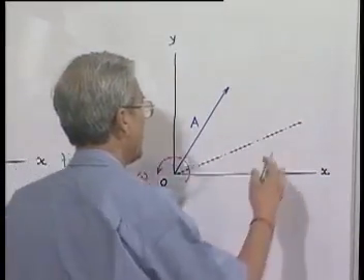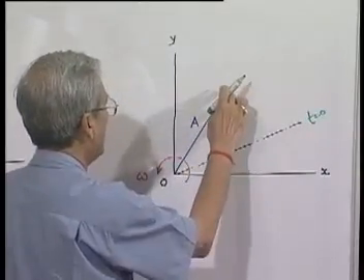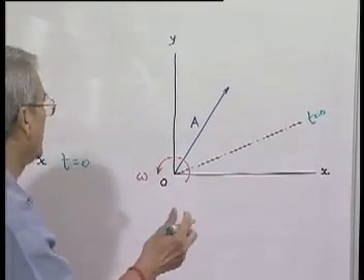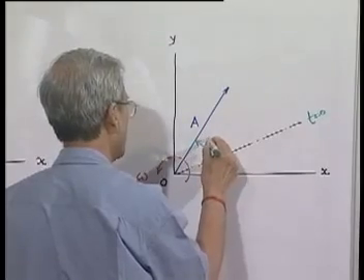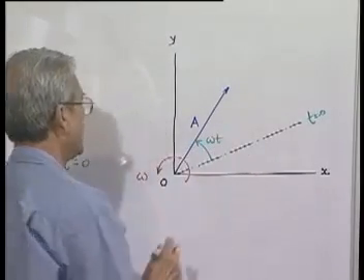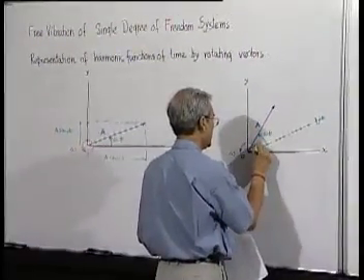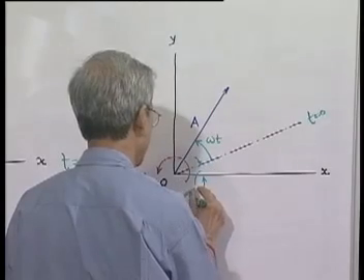That means when the vector A was here, then only we started our clock. So therefore, the angle it has traversed will be omega t plus phi, and let this angle be phi.